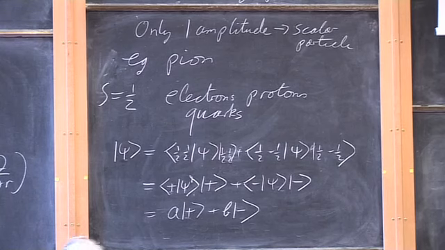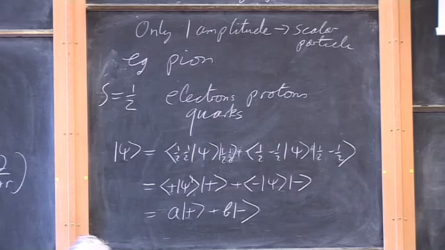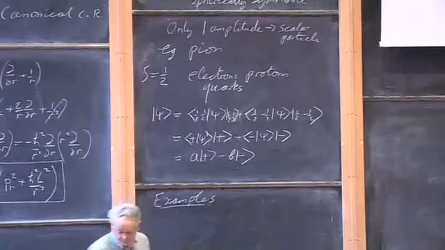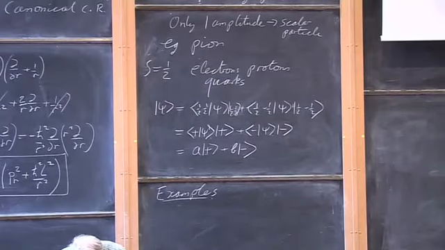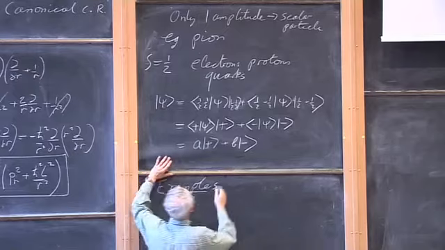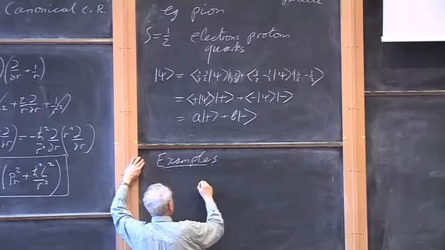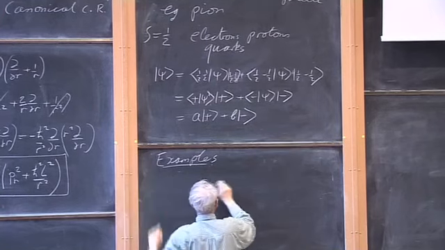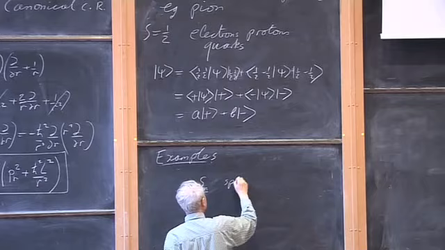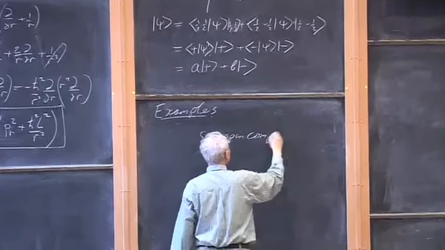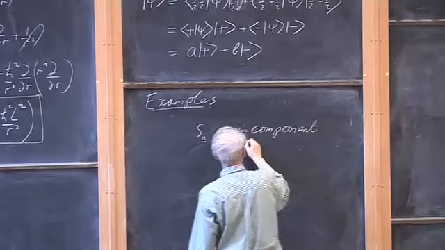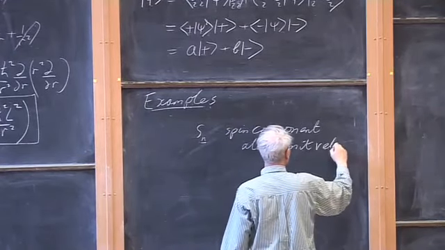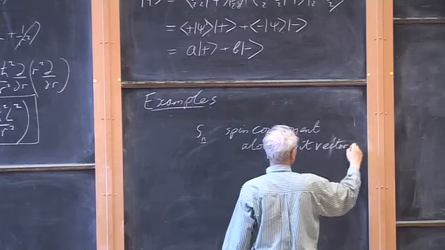So let's do some stuff with spin a half particles. So if I take an arbitrary spin operator, let that be the spin component along the unit vector n.